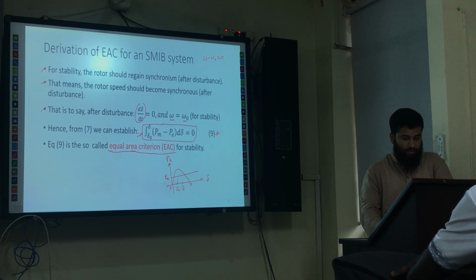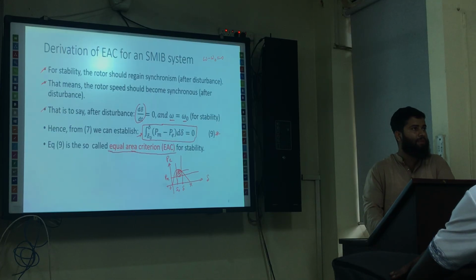That means inside this region, we want to do the integration of the difference of these two. So what is the difference? This is the Pe, this is the Pm. The difference will be this. So if you do the integration, you will see this type of thing. What does it represent? Some area, right? This is some area. That's why the area terms come here. Okay, this is the equal area criterion.